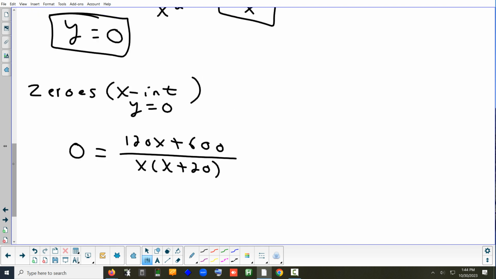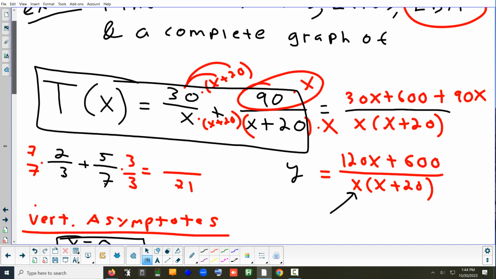Now, the only way that a fraction can equal 0 is if something special happens. What's the only way that a fraction can equal 0? If the numerator equals 0. What's the numerator here? 120x plus 600. That's another reason why you had to combine these together. You can't find the x-intercept without putting those together as one fraction.